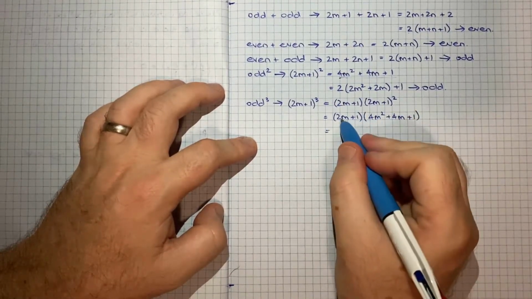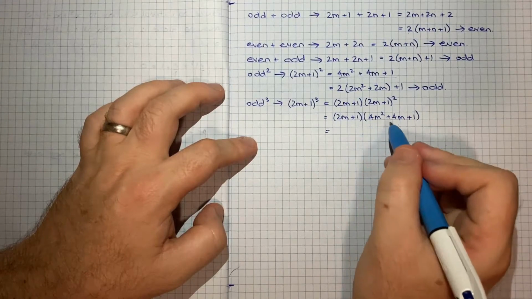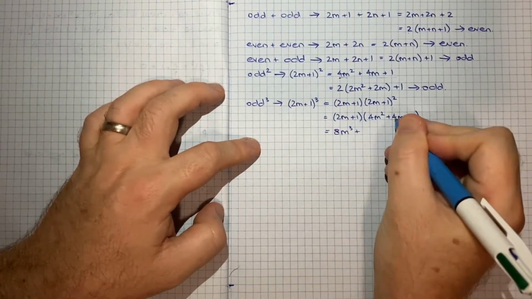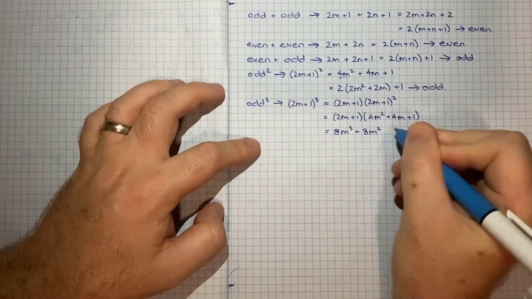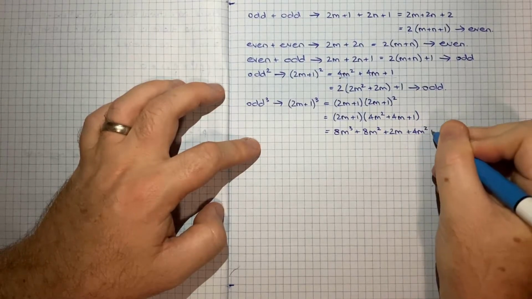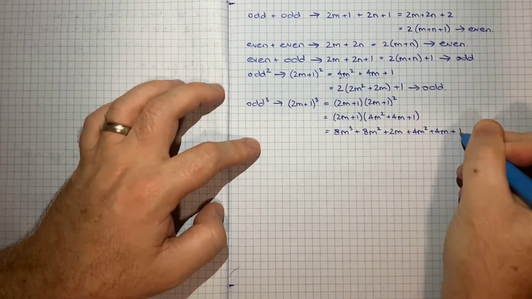Expanding this, 2m times 4m squared would be 8m cubed, plus 8m squared plus 2m plus 4m squared plus 4m plus 1.